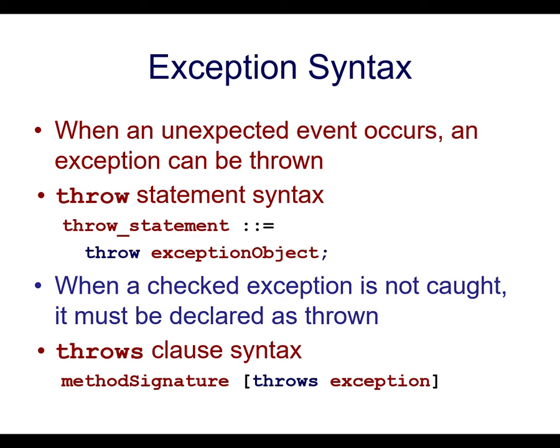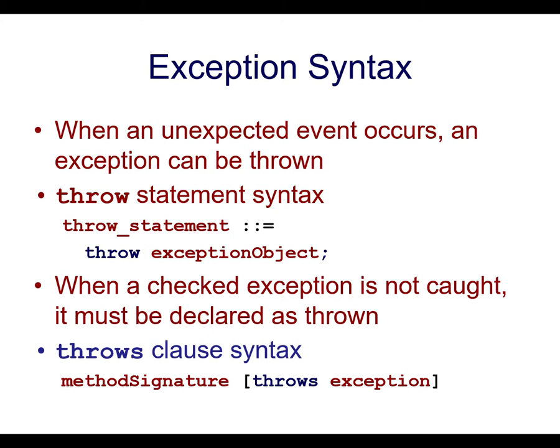There is another similar reserved word in Java, which is throws. The introduction of this reserved word is another slight departure from the syntax of C++ that used the same word for both purposes. When a checked exception is not caught, it must be declared as thrown. The reserved word throws is what must be used to accomplish that declaration.